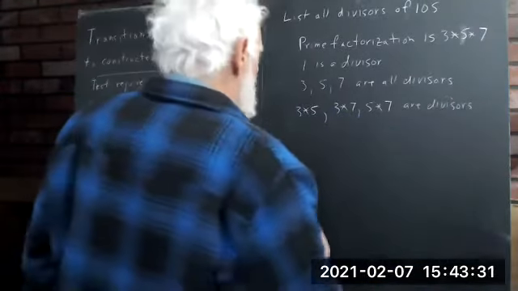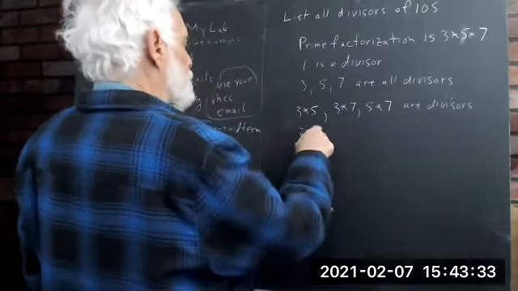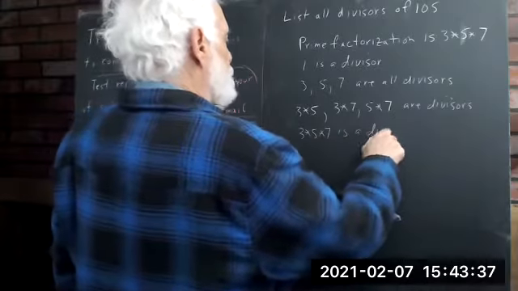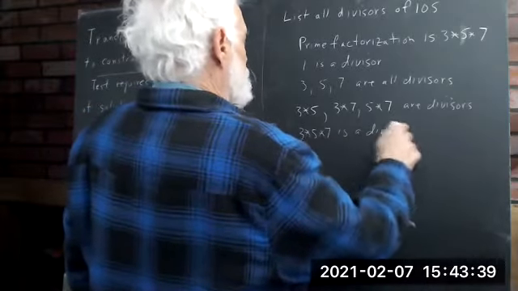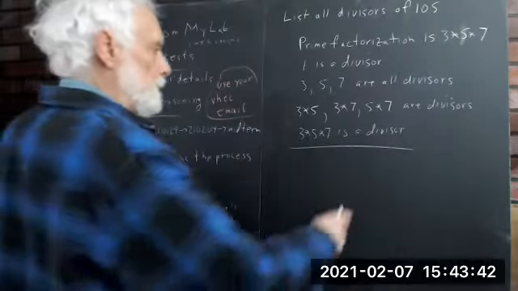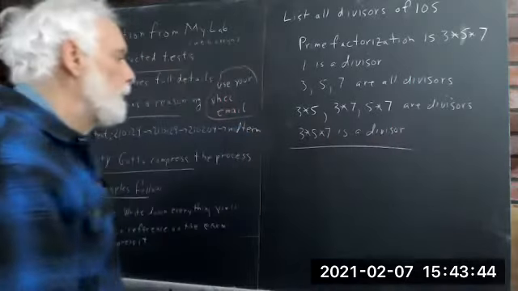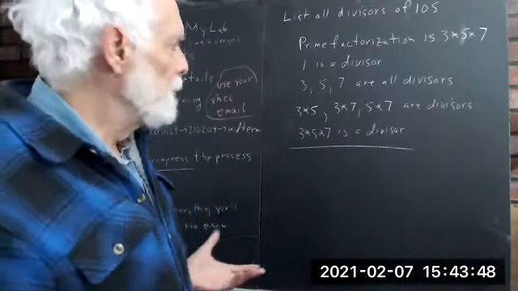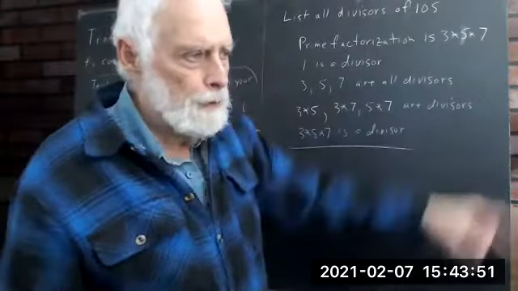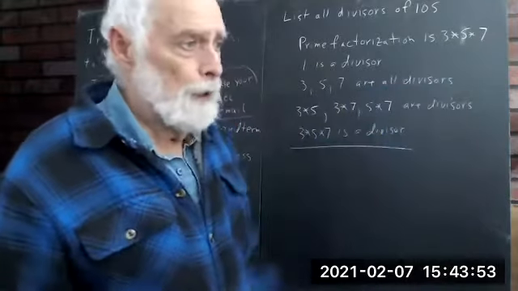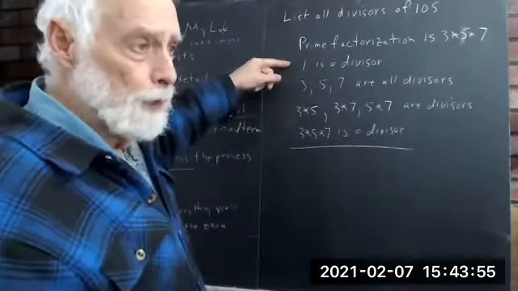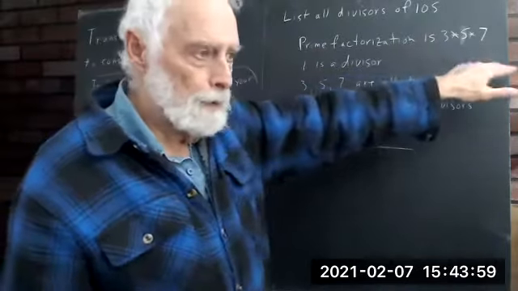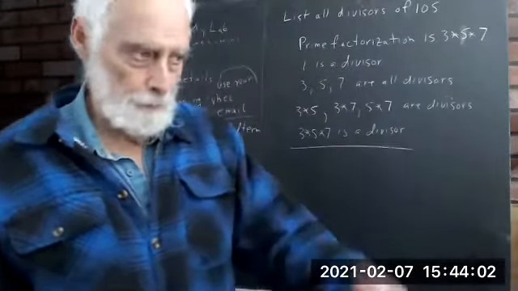And then 3 times 5 times 7 is a divisor. And those are the only possibilities, because any divisor has to be a product of these prime numbers, except of course for 1, which is always a divisor. Any divisor except 1 has to be a product of the primes that make up the number.